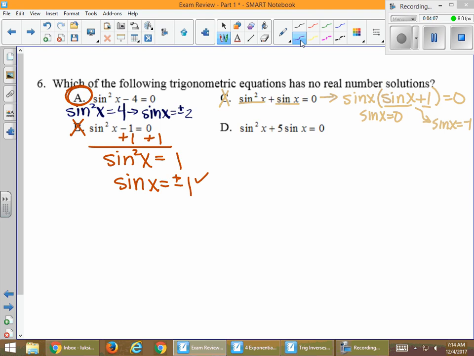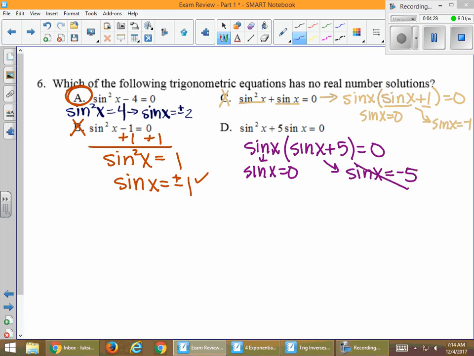Last one to look at. Again, we're going to factor out a sine. Here we're only going to have one good solution. We have sine of x equals 0 from the outside. And we have sine of x equals negative 5 from the inside.